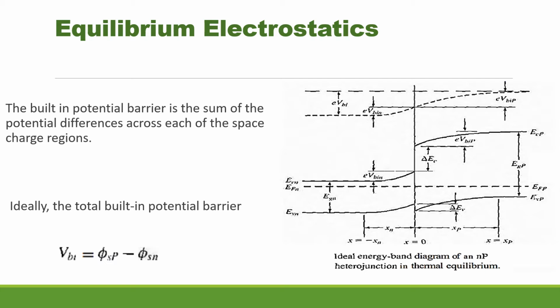Ideally, the total built-in potential barrier VBI can be found as the difference between the work functions. Therefore, VBI equals phi SP minus phi SN, where phi SP is the work function in the P region and phi SN is that in the N region.